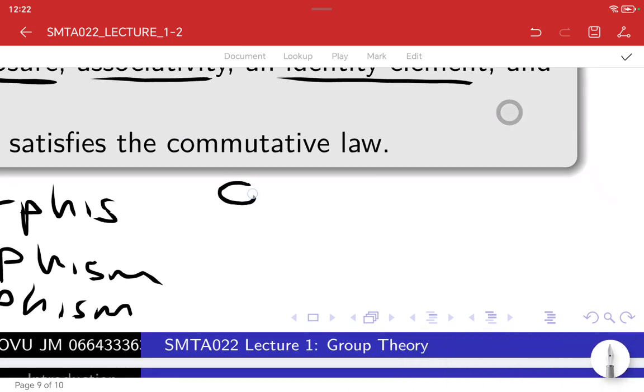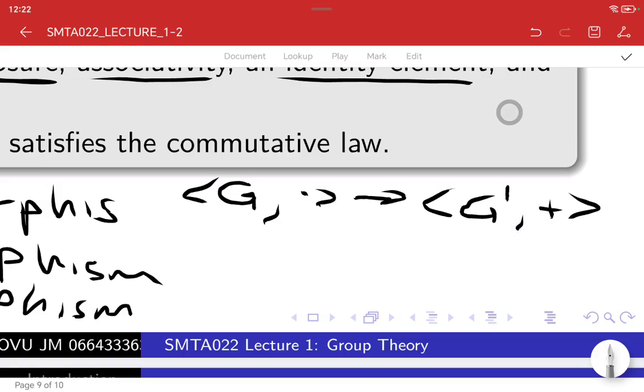I have G2. Okay, let me also include some. I have a group G which maps to a group G prime with operator plus. So if I take two elements from this group, let phi be a function from this group to that group, right?